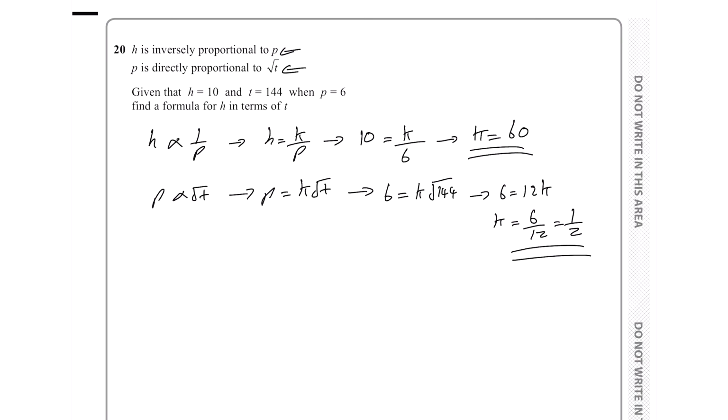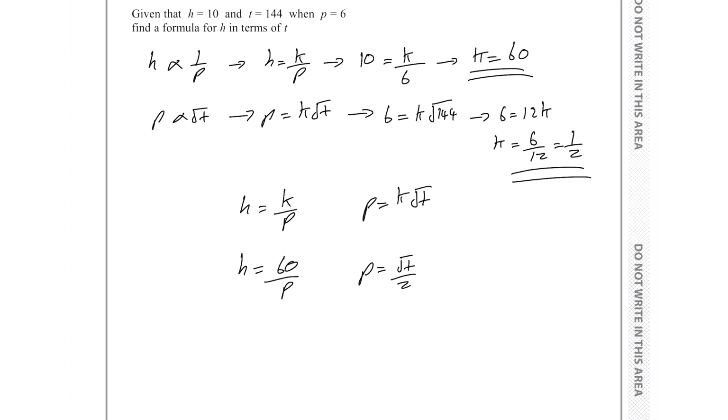So now it's saying find a formula for h in terms of t. So we know that h is equal to k over p, and we know that p is equal to k root t. If I sub in the values for k, h is equal to 60 over p, and p is equal to root t over 2, because that's a half.